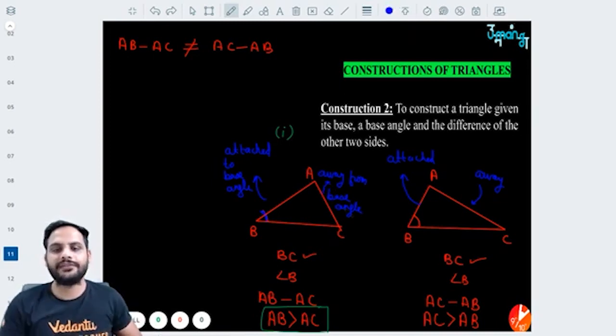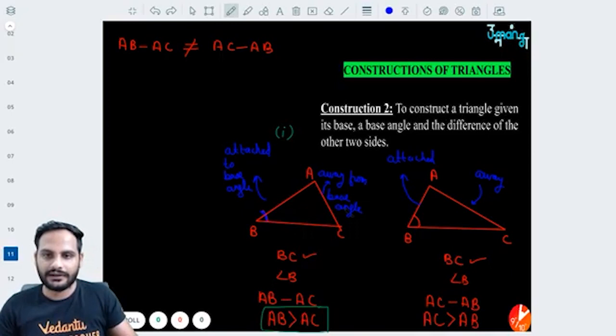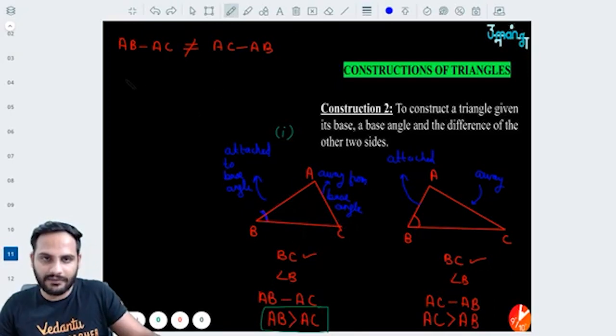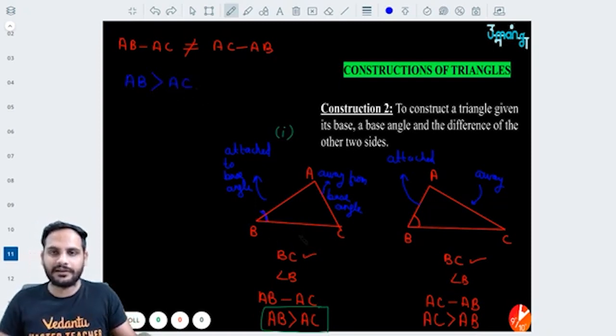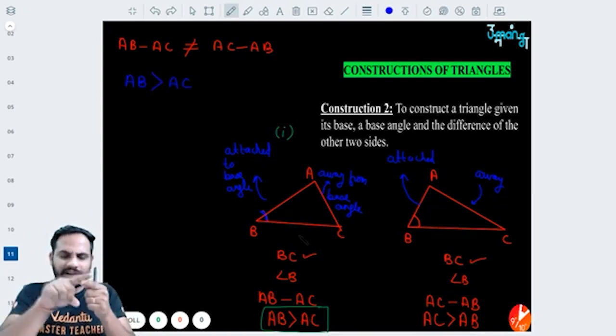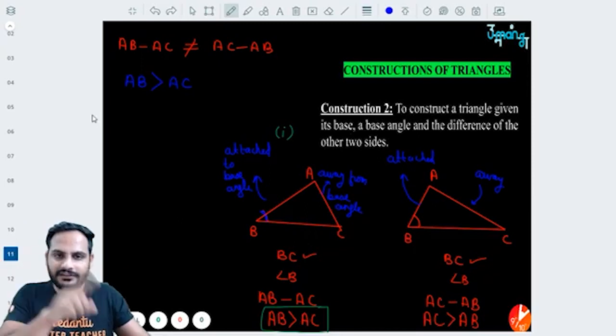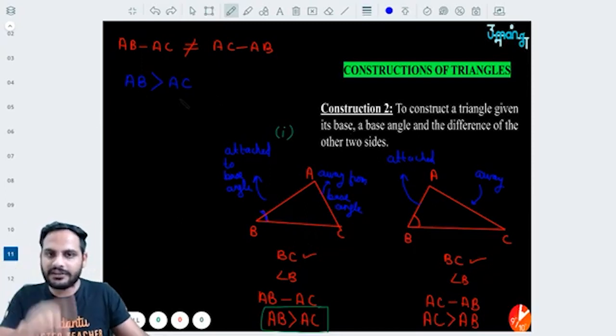So when the side attached to the base angle is greater than the side away from the base angle, remember, for this idea you always have to think about the rough diagram.